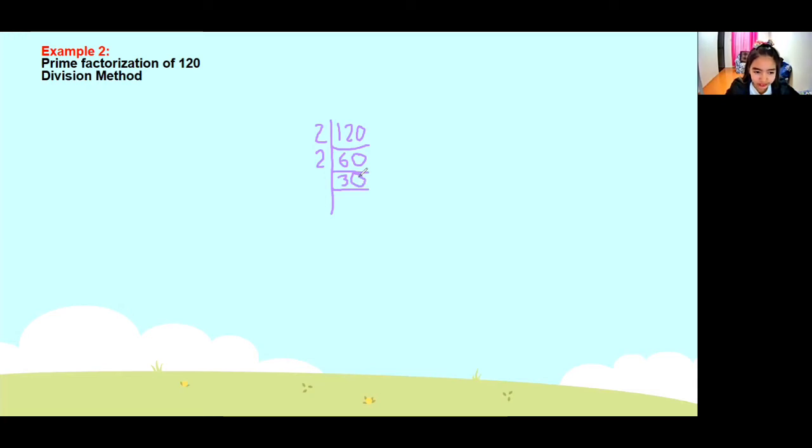Same procedure. Let us divide 30 again by 2 since 30 is also an even number. 30 divided by 2 equals 15.